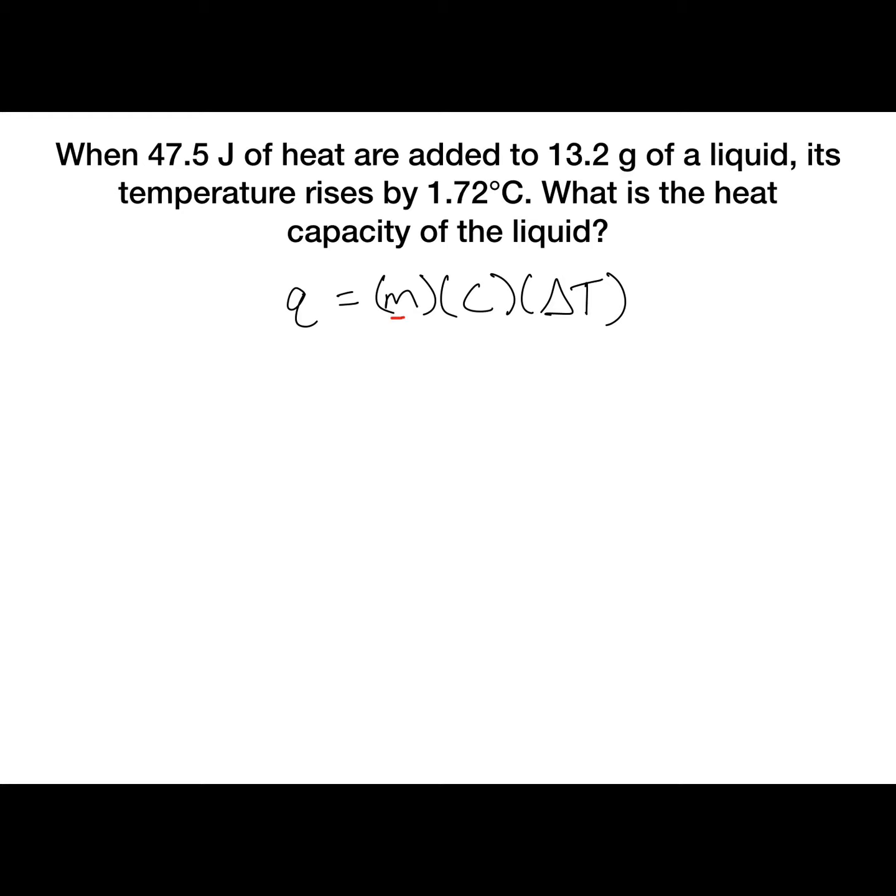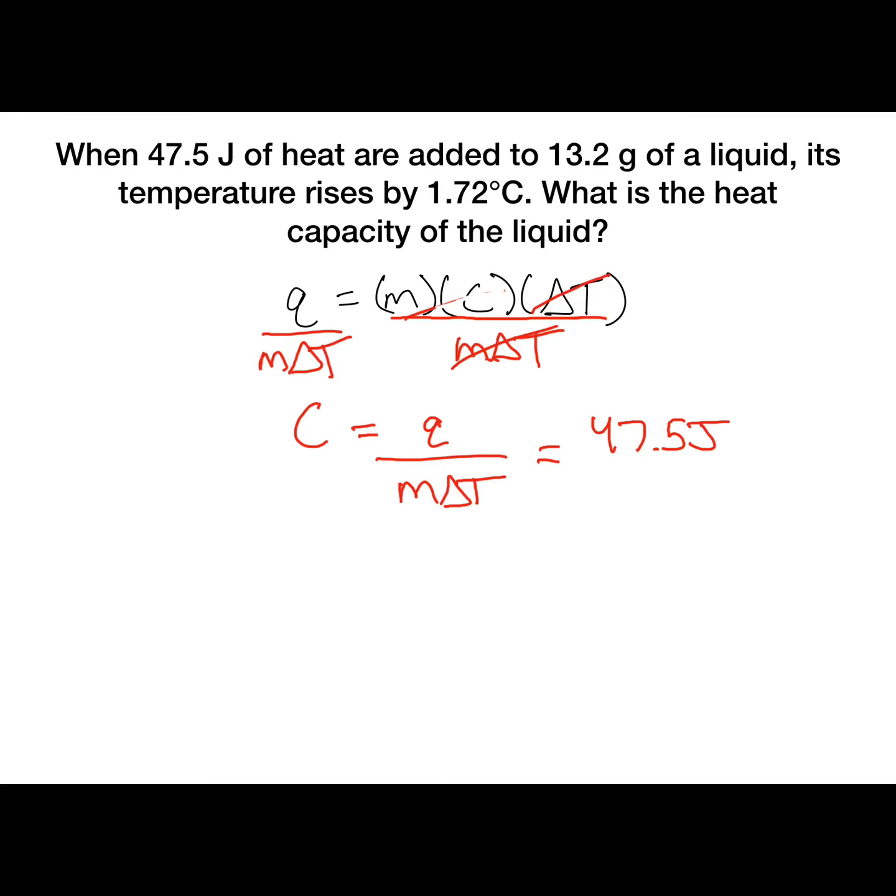We're going to divide both sides by mass times delta T. So we're left with specific heat capacity is equal to Q over mass times delta T.